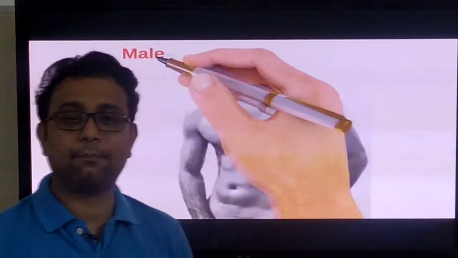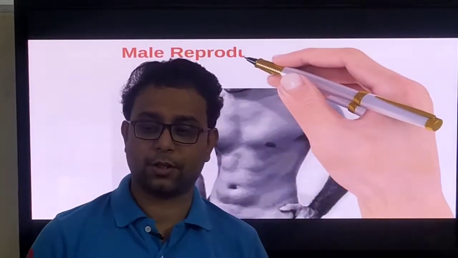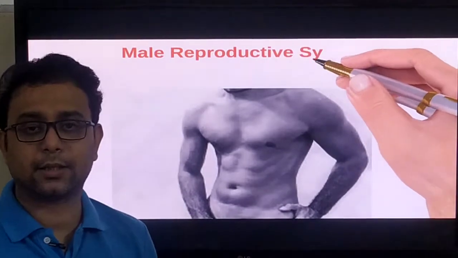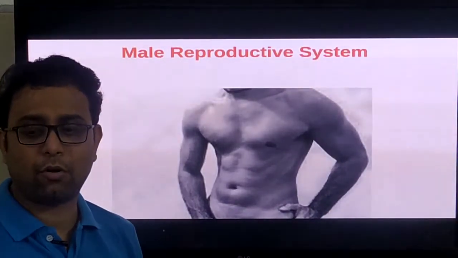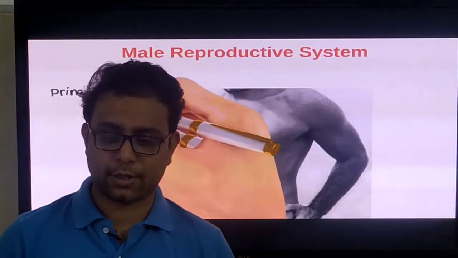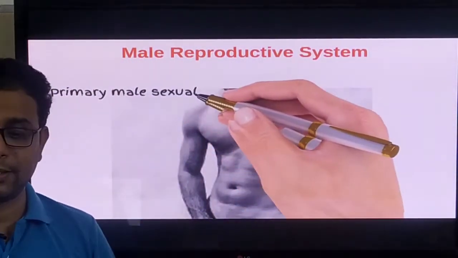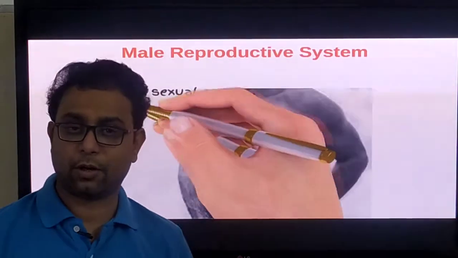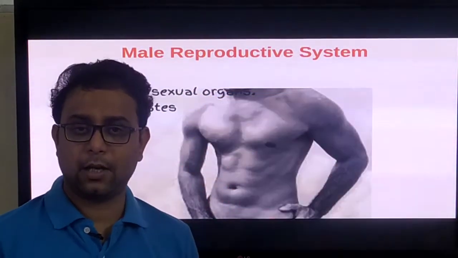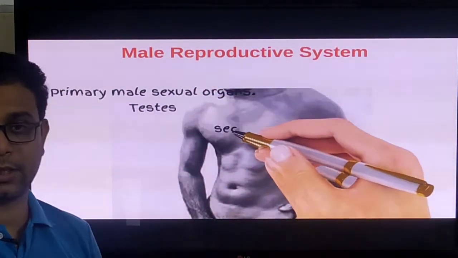Now we discuss the male reproductive structure, that means the different types of organs present in that system. The primary male sex organ, you know what the name of this organ is? It is the testis.